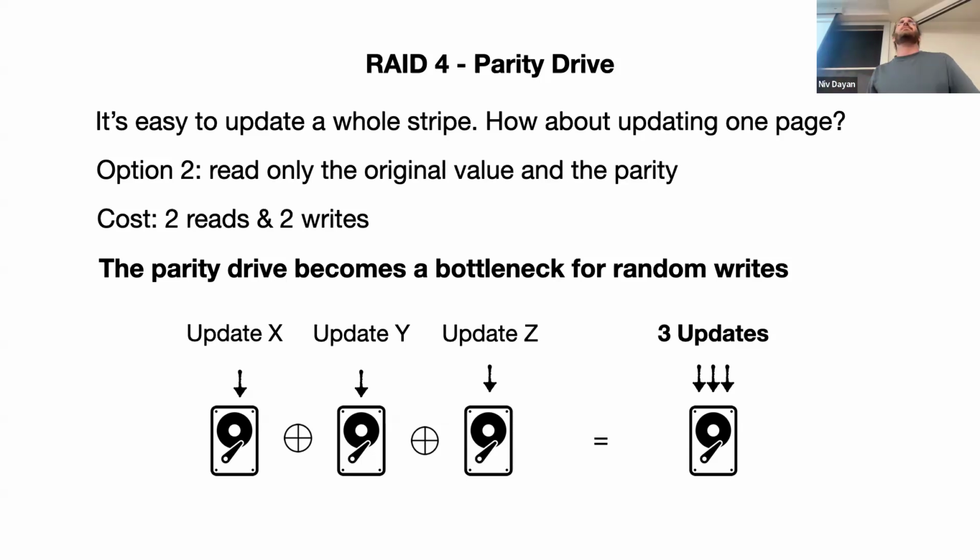For each update, I have to do one write to the drive that I'm actually targeting and one write to the parity drive. So basically, this implies that everything becomes serialized and my random writes just end up with the combined throughput of just what my parity drive can do. So that's kind of annoying. Does everybody get the problem?